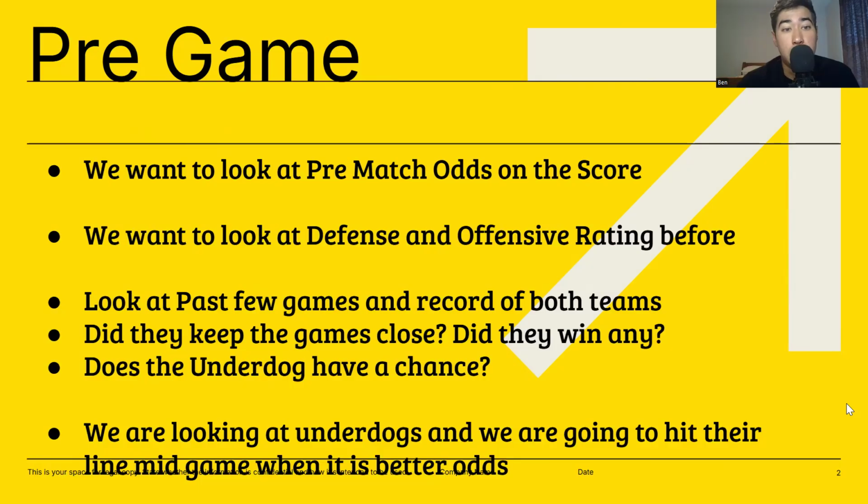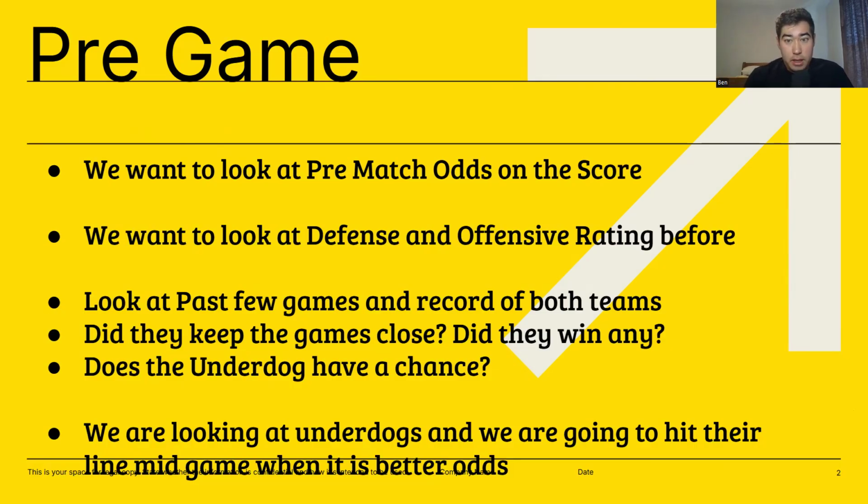We want to look at the pre-match odds on the score, and at the defensive and offensive ratings before the game starts. We want to look at their past records, who they beat, whether they've come close against hard teams, whether they won any of the hard games, and whether they have a chance against a better team.